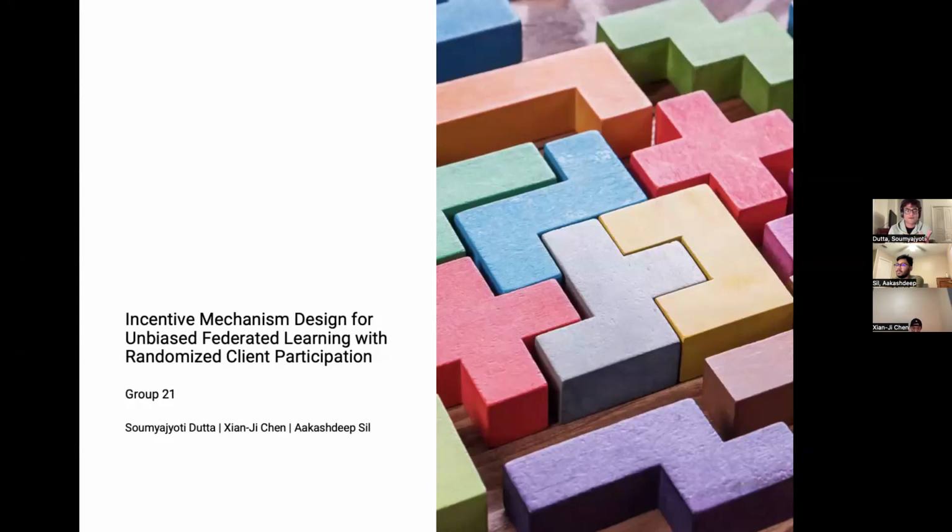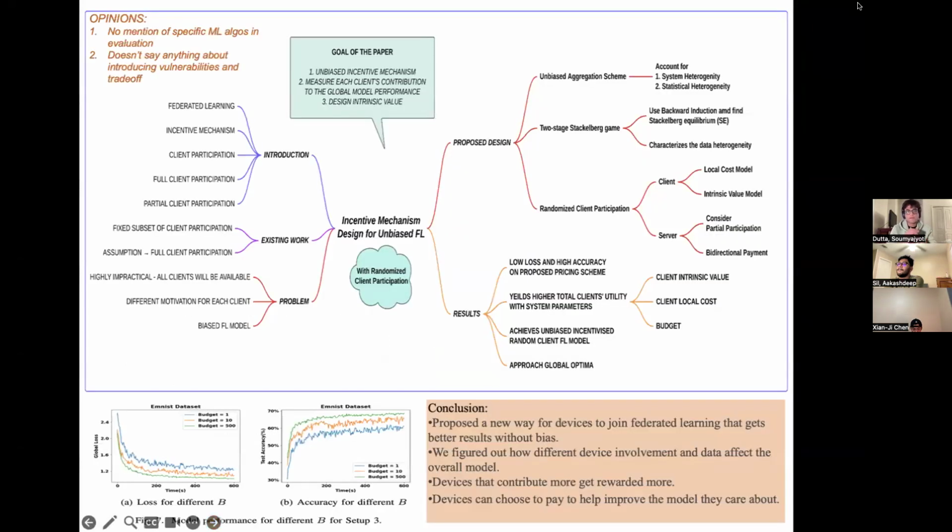We are going to give you a brief intro to incentive mechanism design for unbiased federated learning with randomized client participation. So the core idea of this paper is designing incentive mechanism for federated learning. Federated learning is a distributed machine learning approach where you have a global model and you have a local model, and both of them work in sync to give you a better result.